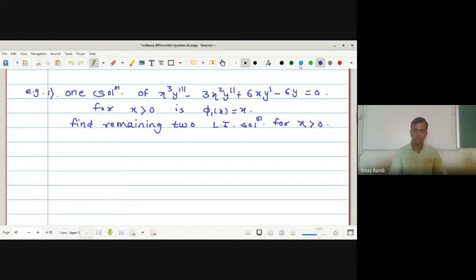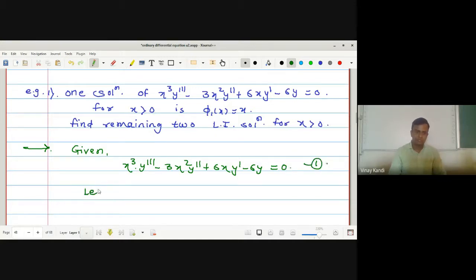Look at the given. What is the given equation? x cube into y triple dash minus 3x square y double dash plus 6xy dash minus 6y is equal to 0. Give it as equation number 1.